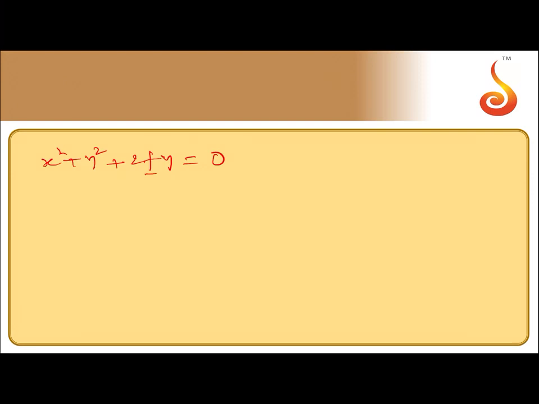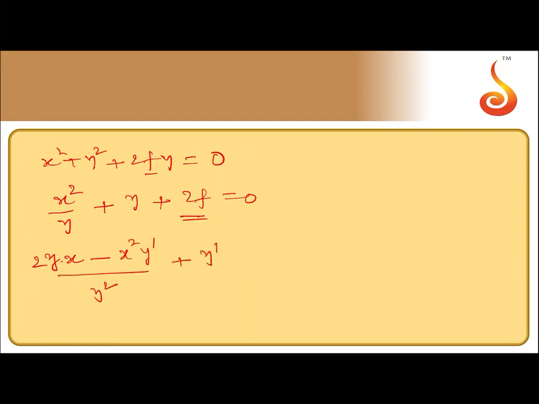There is only one parameter. To eliminate it, why can't you divide by y? You can write x square by y plus 2f is equal to 0. Differentiating once, you'll be getting the u by v rule: y multiplied by the derivative of the numerator minus x square into y dash, divided by y square, plus y dash is equal to 0.